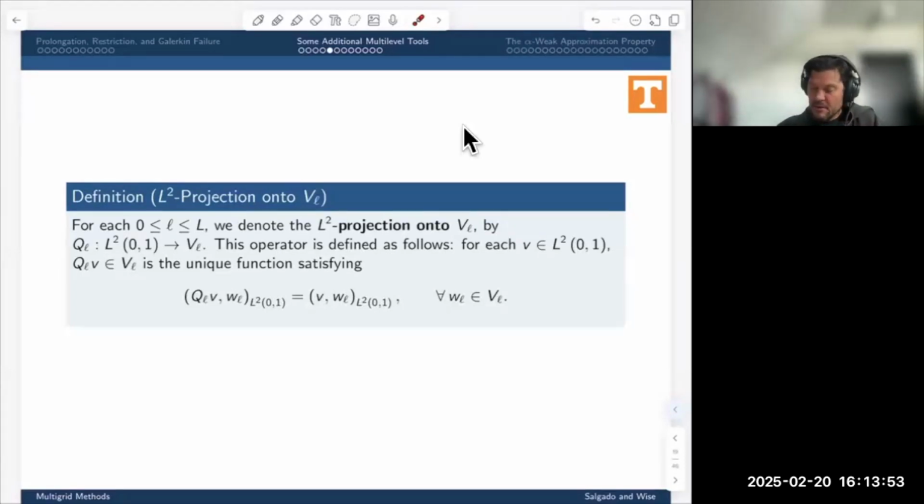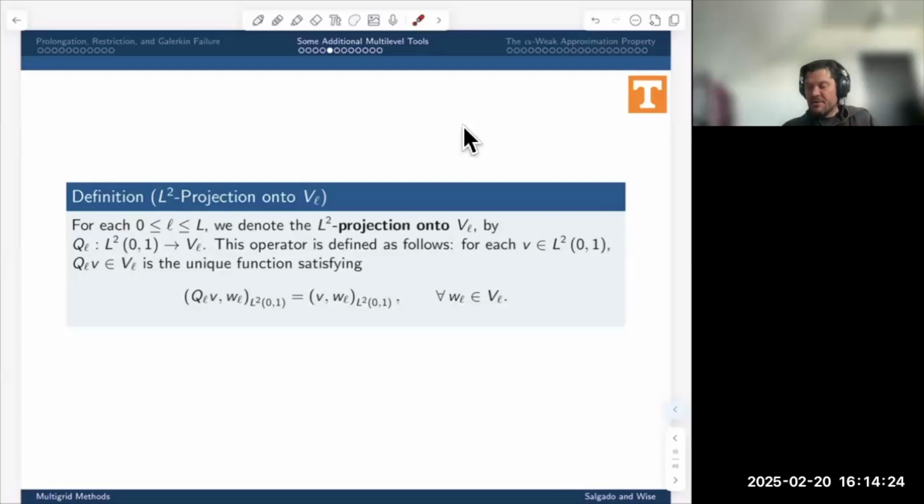But here we're projecting into a finite dimensional subspace, VL. So L2 goes into VL. This operator we're going to call QL, and it's defined for any L that makes sense. So we have these piecewise constant functions for any L between 0 and capital L, where capital L is our finest level space, and this is our root level or coarsest level space.